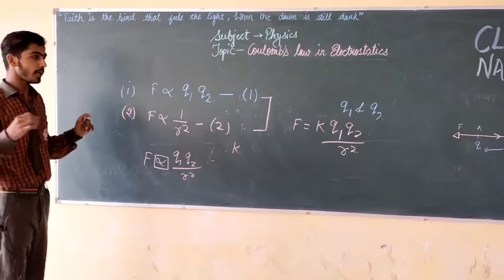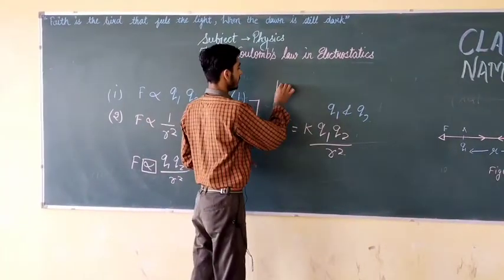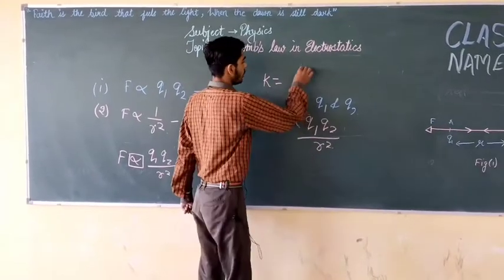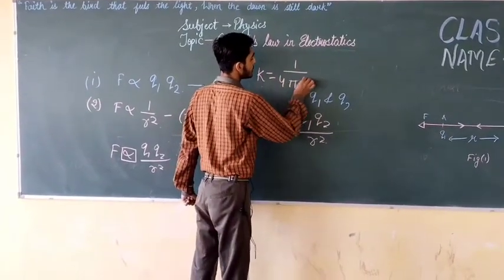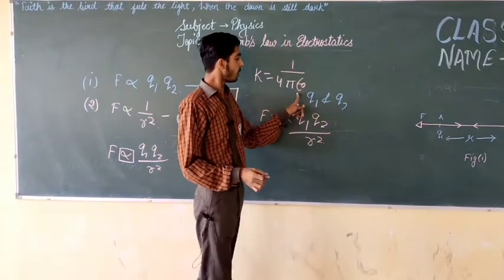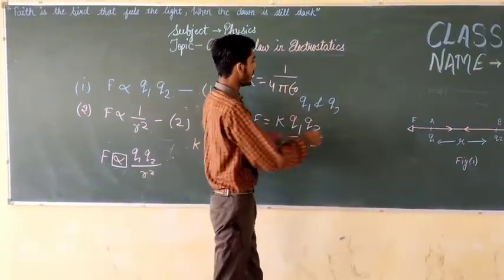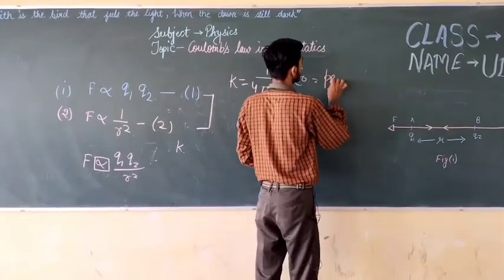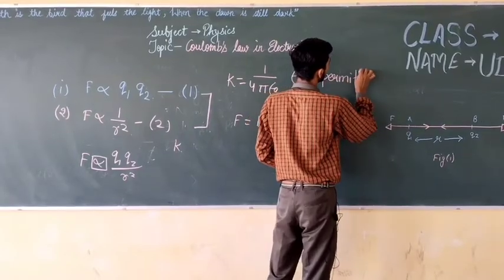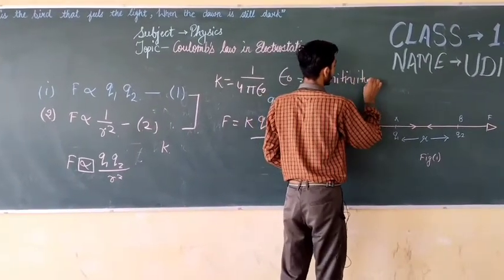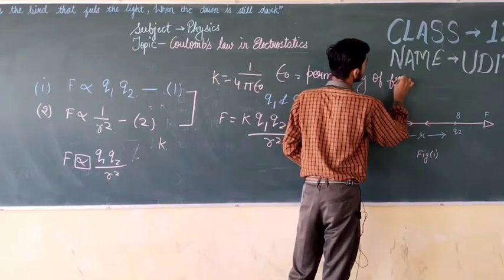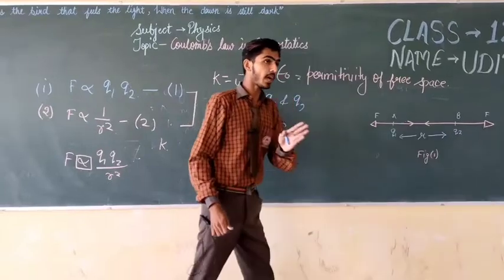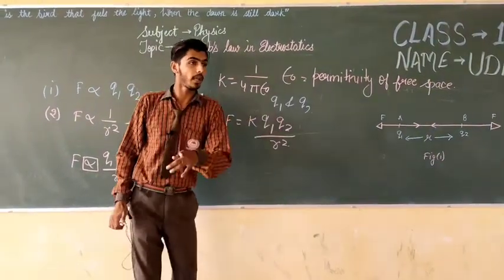In vacuum or in air, K is equal to 1 by 4 pi epsilon naught. Now let's see what epsilon naught is. Epsilon naught is the permittivity of free space. Remember, we are talking about vacuum or air.